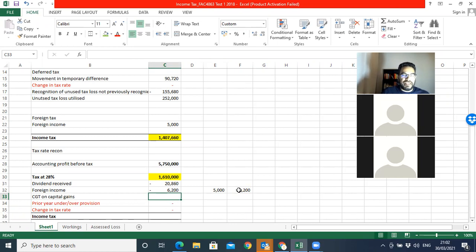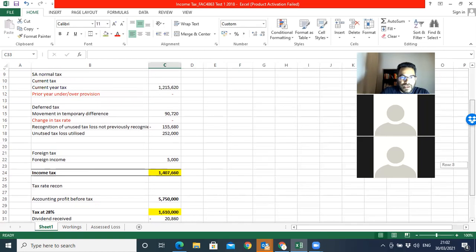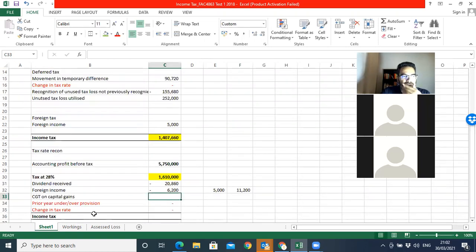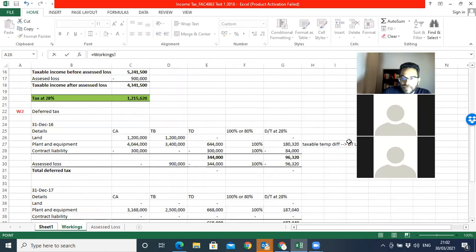The next one is on the tax on the capital gains. Where is that now? Okay, I don't know where that is. But anyway, the capital gains, which was 300, I'm just going to go fetch it quickly. So it's equal to the workings.